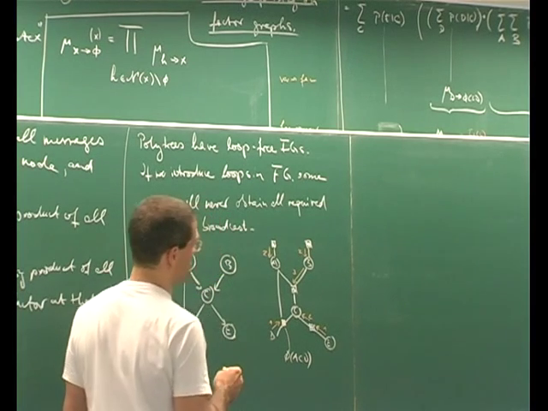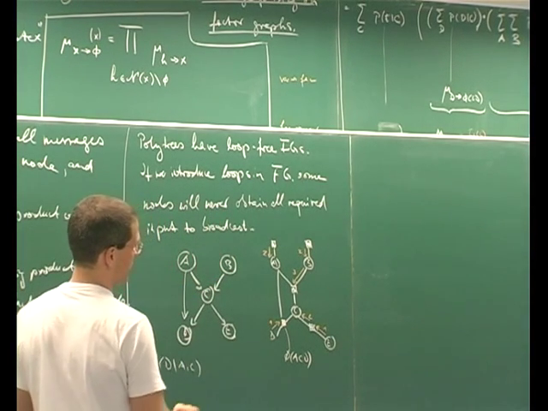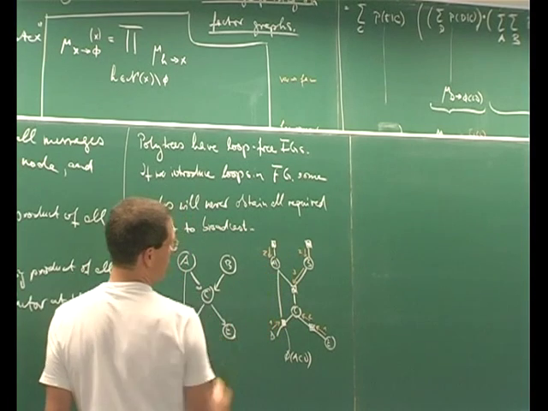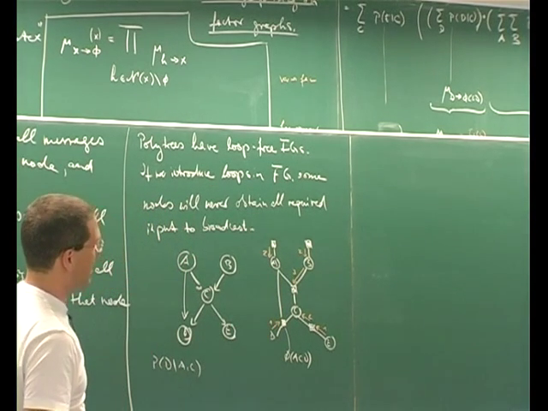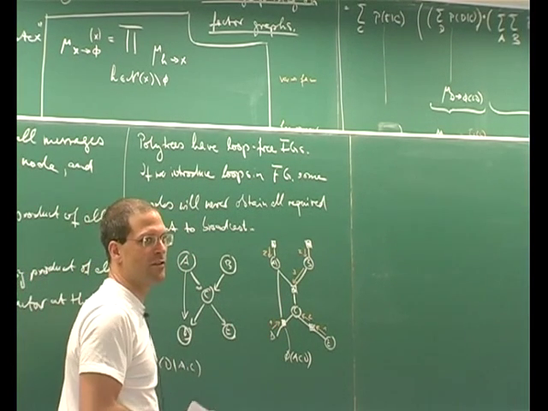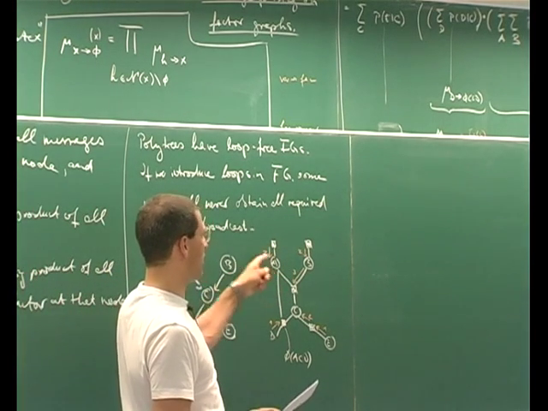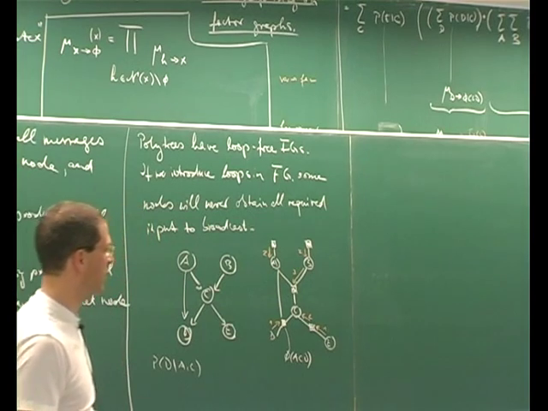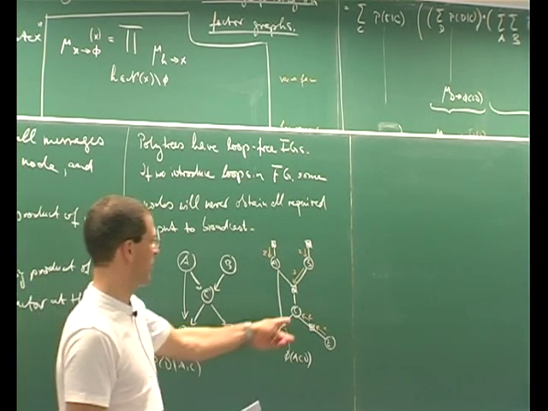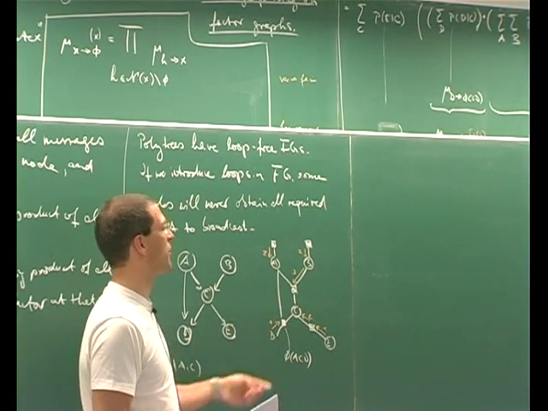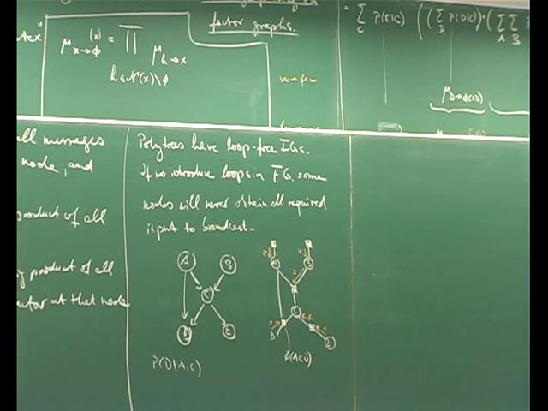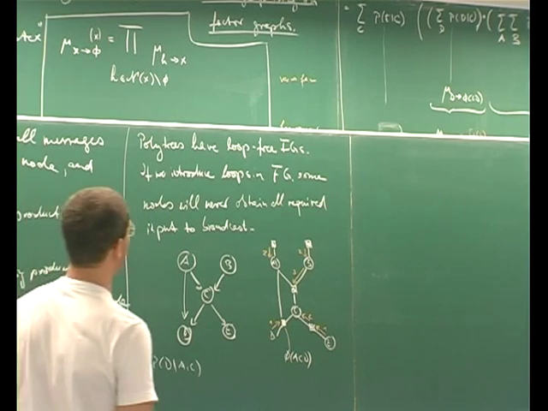And at this point, we're blocked because these remaining nodes, they can never send out messages, because to send a message, they need input on all edges except the one where they're sending to. Okay, and here we have a blockade of not knowing. So exact inference is no longer possible.